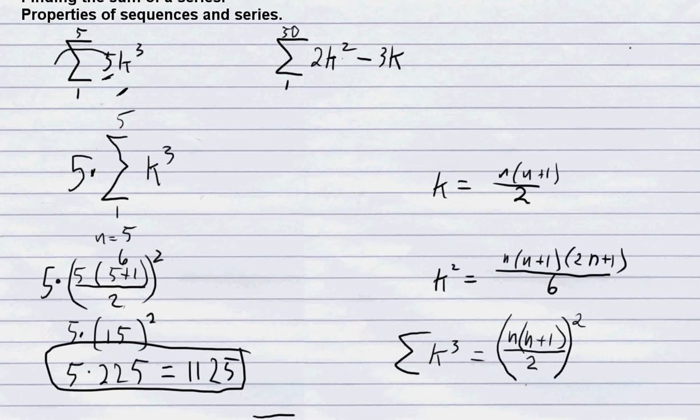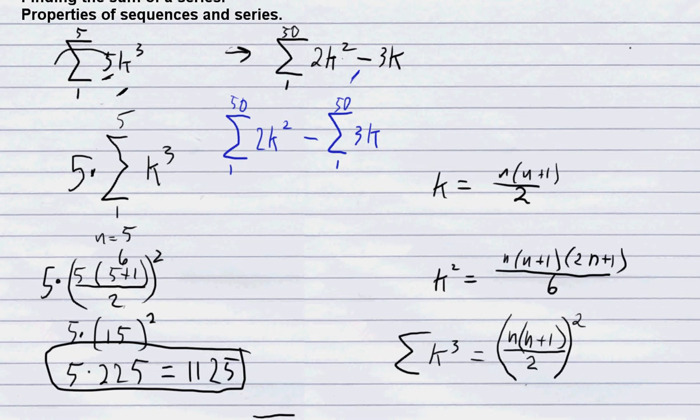Okay, now the second one we're going to use is on our second example right here. I'll use blue and kind of squeeze it in next to the other one here. I'm going to divide that into 2 separate sequences that are subtracting. So it's going to be from 1 to 50 of 2k squared, and then minus from 1 to 50 of 3k.